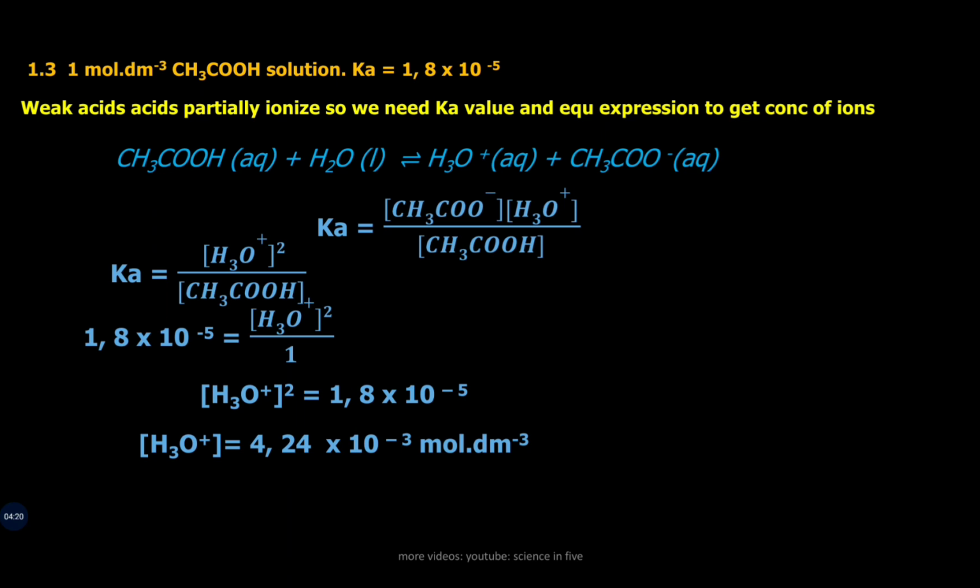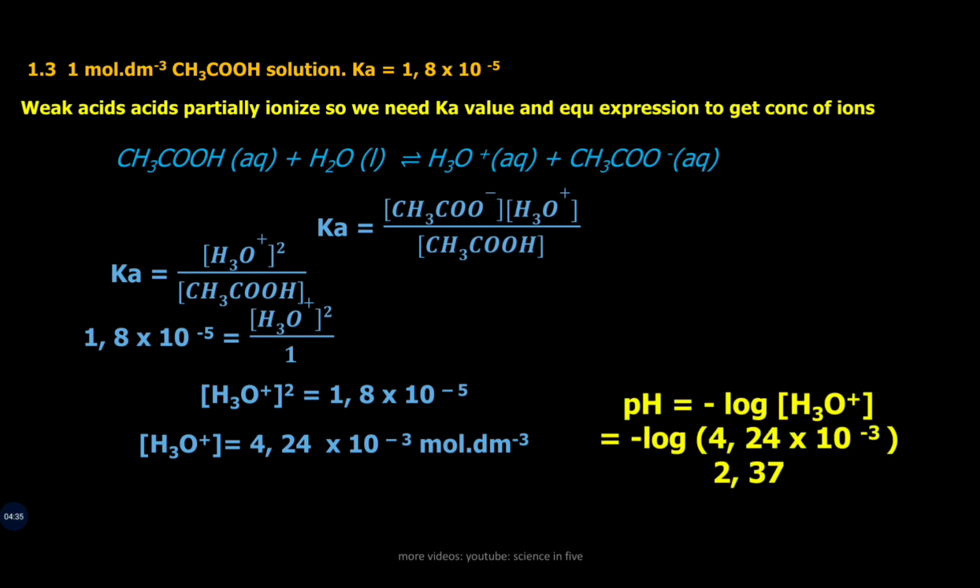And then we can get the concentration of hydronium ion as 4.24 times 10 to the minus 3 moles per decimeter cubed. Once the concentration has been attained, it's now plug and play into the formula. pH is now equal to 2.37.